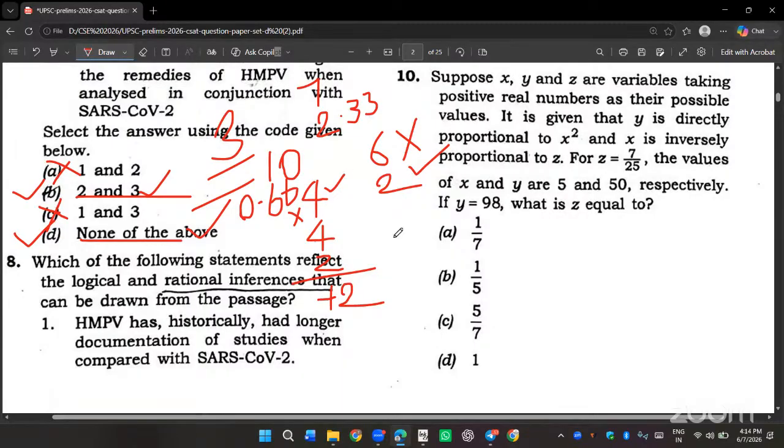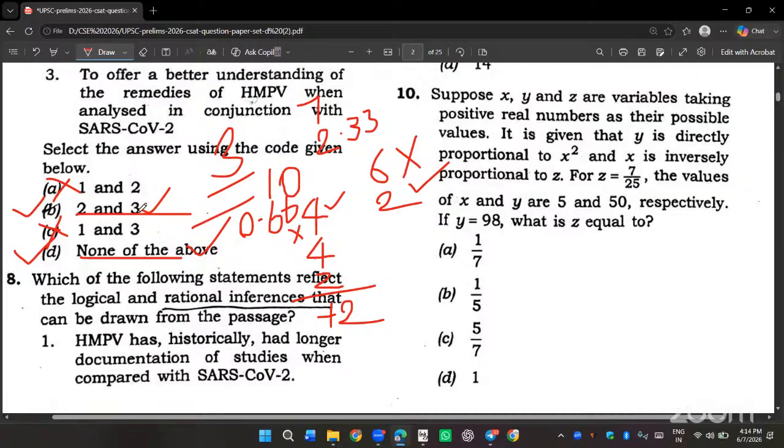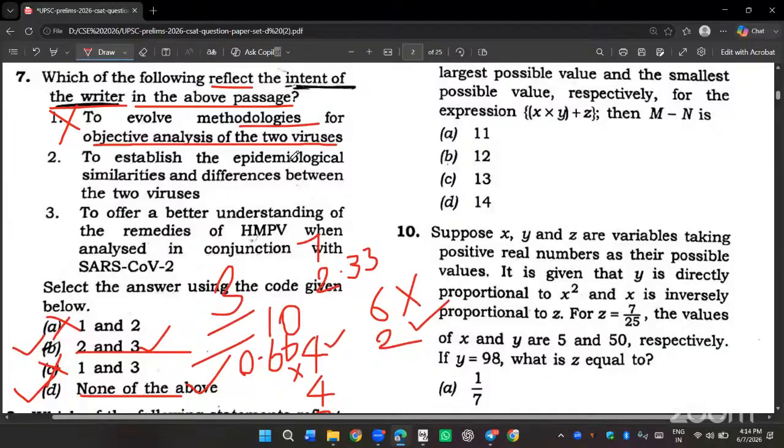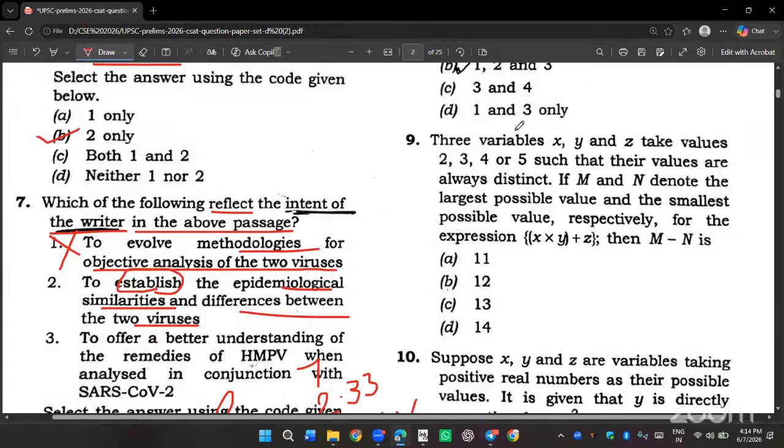Okay, completed. Then statement 2. To establish epidemiological similarities and differences between two viruses, where the author has discussed, where the author tried to establish the epidemiological similarities.